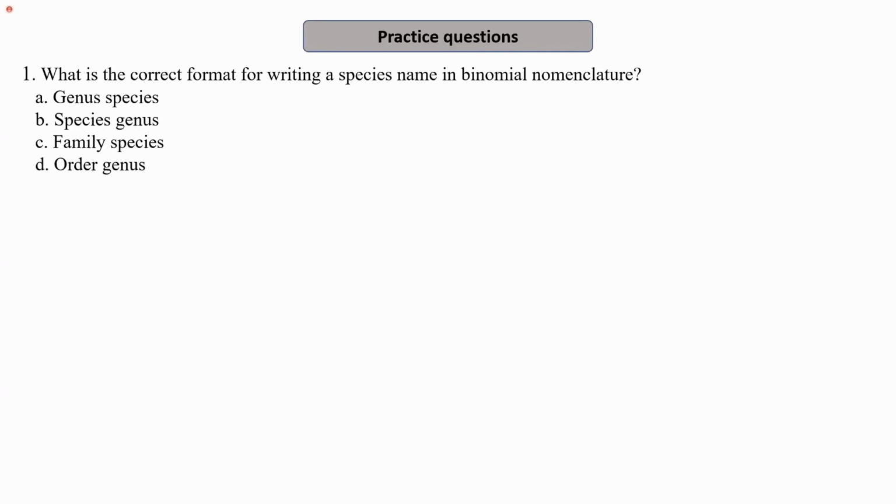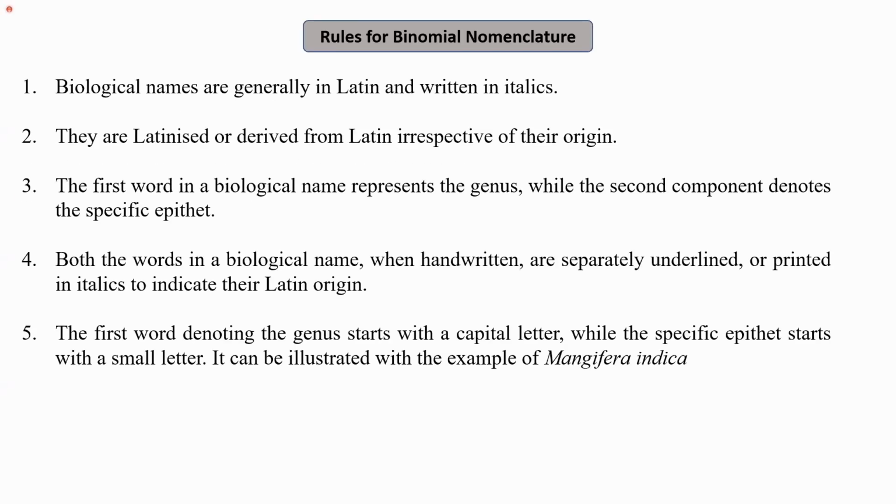I'll quickly summarize the rules. A biological name should be written in italics or underlined. It should have a Latin origin, and the first word represents the genus, while the second word represents the species, which is the distinctive characteristic of the organism. Both words, when handwritten, should be underlined separately, not together.